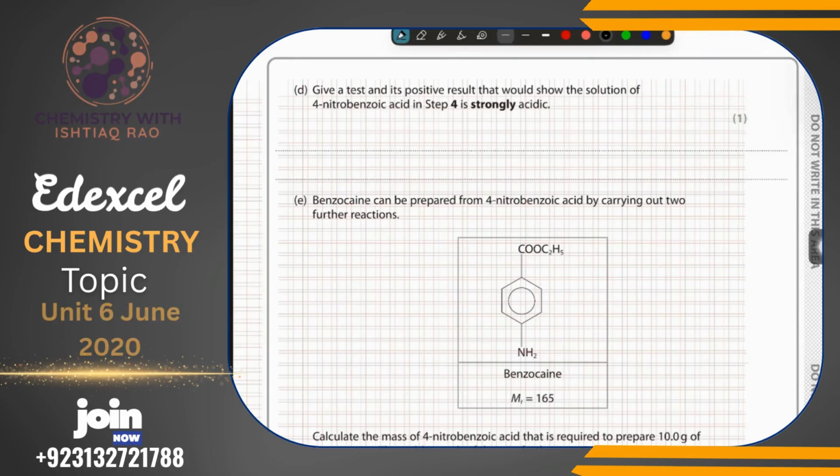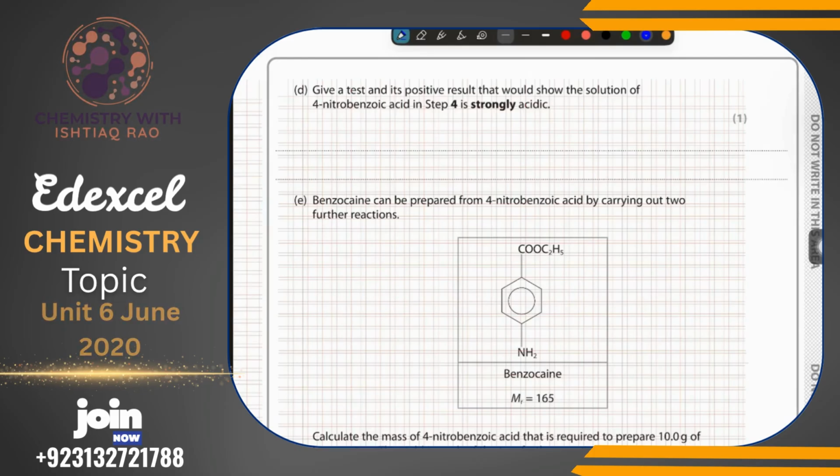It'll be really low, because it's highly acidic. So you can add universal indicator.